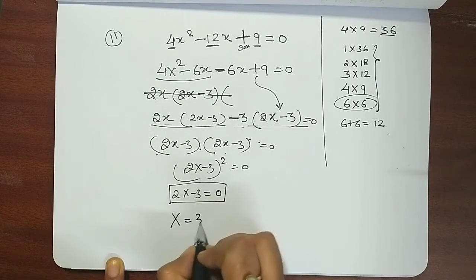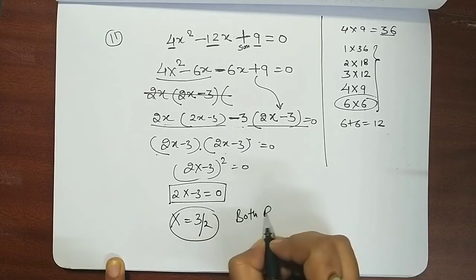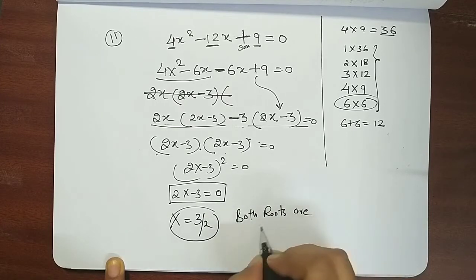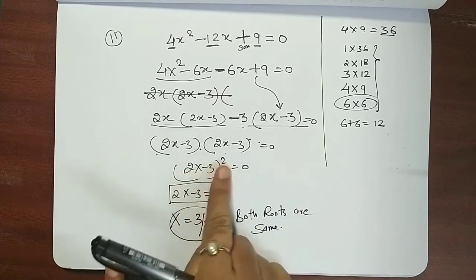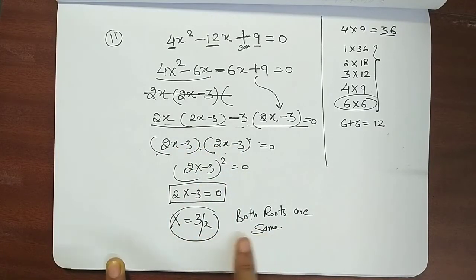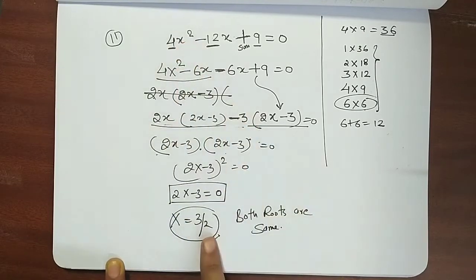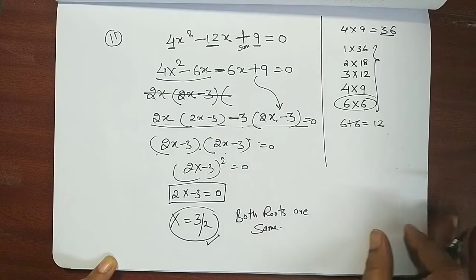So I am getting x equal to 3 by 2. So both roots are same because it has two same factors. Since it is a quadratic equation, it has to have two roots, and both roots are same. I hope you got it.